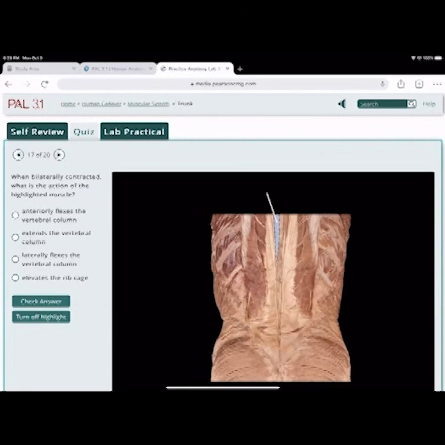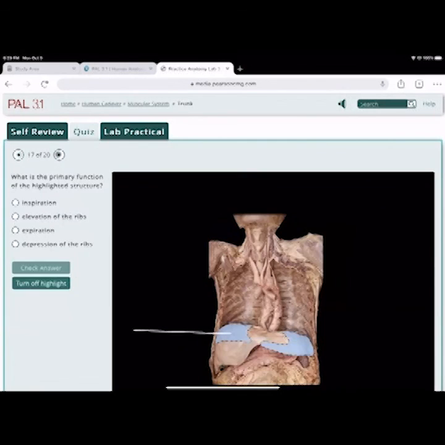Extends the vertebral column. Either extends or anterior flexes. Let's try extends. Yep, extends the vertebral column. It pulls it back because it contracts the back end. The superior head and the inferior head both contract, on both sides. So it wouldn't be lateral. It'd be extension of the vertebral column. Perfect.